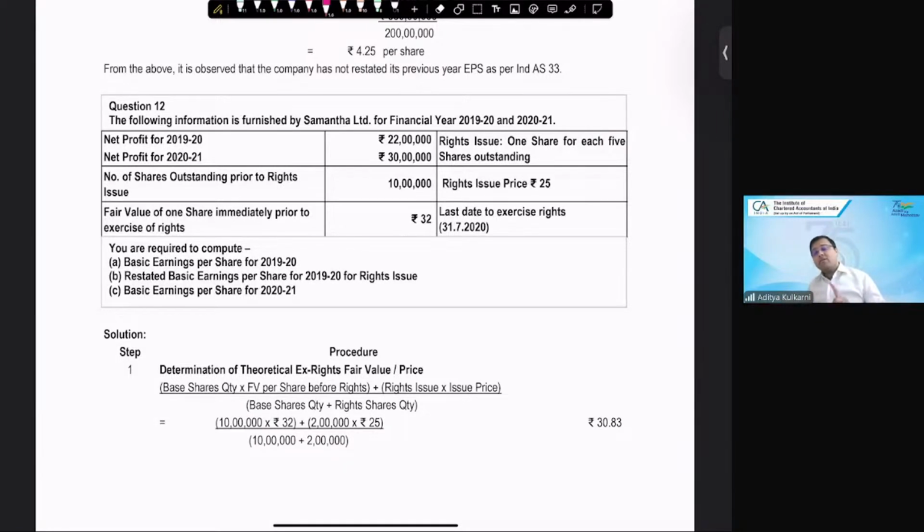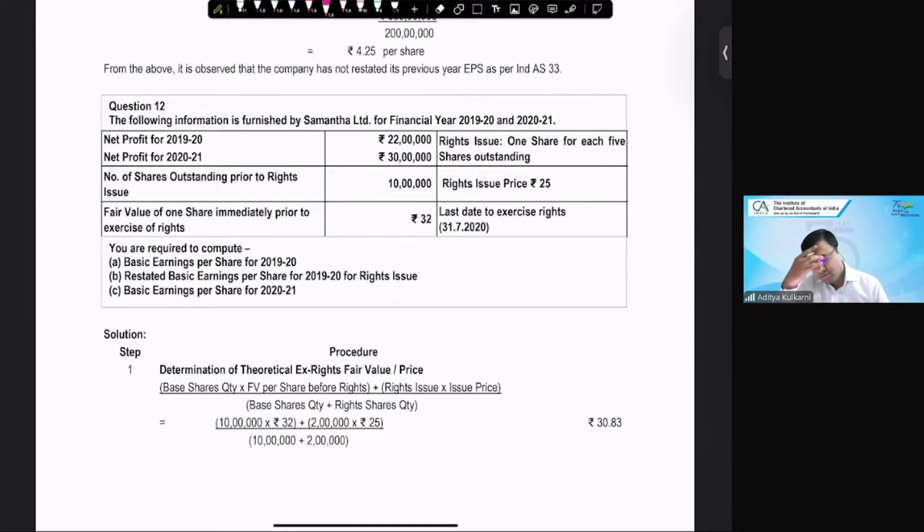So we are going to make an issue to existing shareholders at reduced price. That we call a rights issue. Are you able to follow? Yes. We are going to make a fresh issue to existing shareholders at reduced prices. That is known as rights issue.